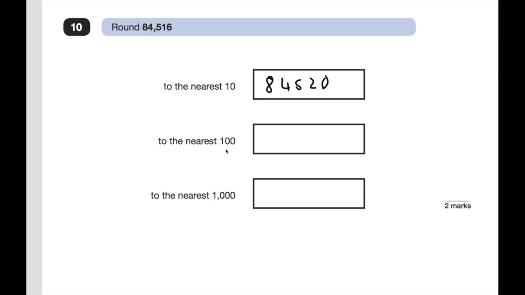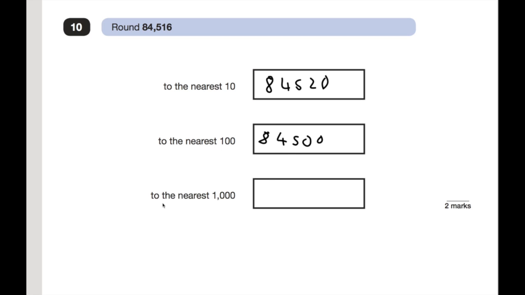Okay, rounding to the nearest 100, we look at the hundreds, tens and units. And again, like we said previously, if it's 5 or above, it goes up, and if it's 4 or below, it goes down. So if we're looking at the 516, we know that the tens column is less than 5, so it will be going back down to the previous 100, so that would be 84,500.